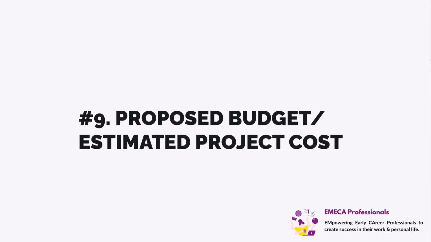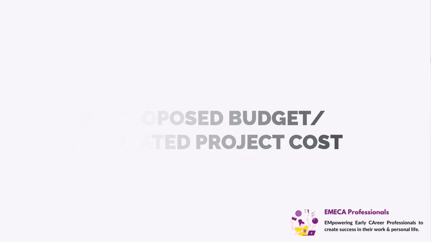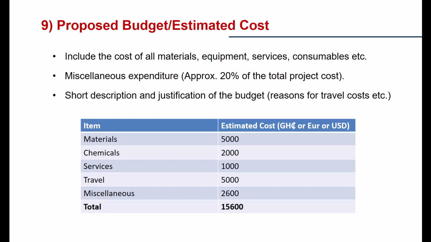The ninth component is the proposed budget or estimated cost. And here you want to just list the cost of all materials, equipment, or consumables, anything that you will need for successfully implementing the project. You want to list them. It's quite normal to include a miscellaneous expenditure of about 20% in your project, and also indicate a short description and justification of the budget.